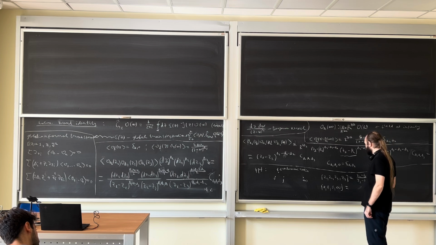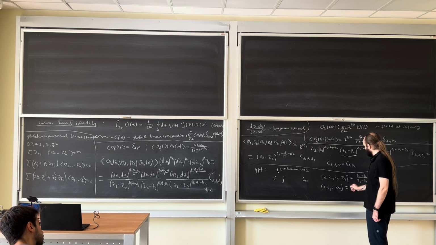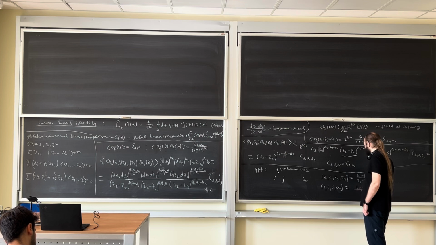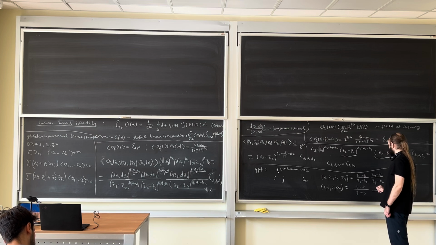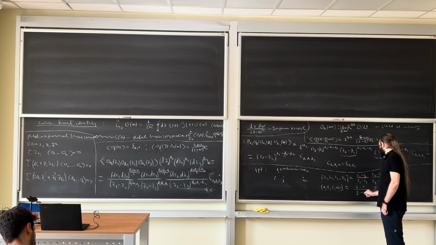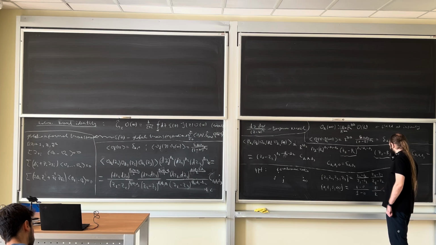Let us check that it actually gives t. So here it is t minus 0 over... and here is something big, r over r. Oh, sorry, 1 minus 0. So it is actually t.